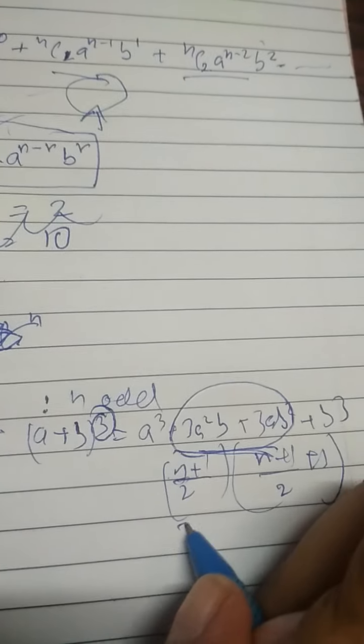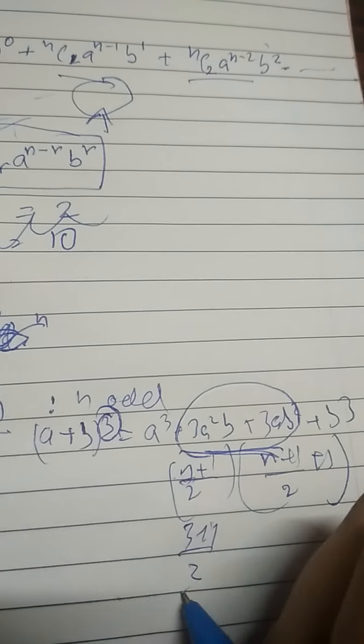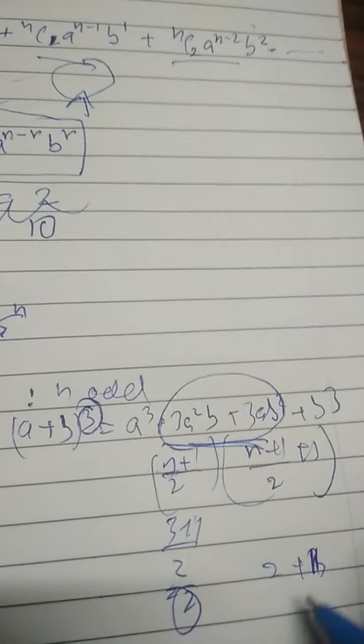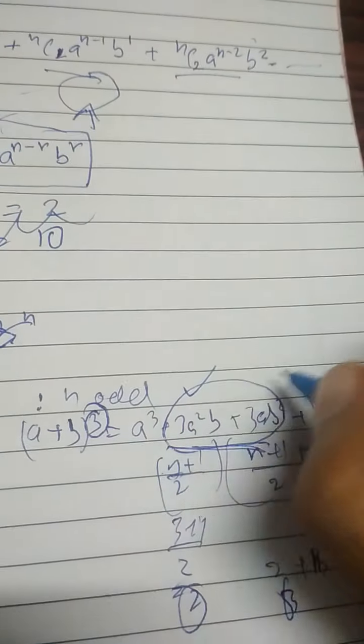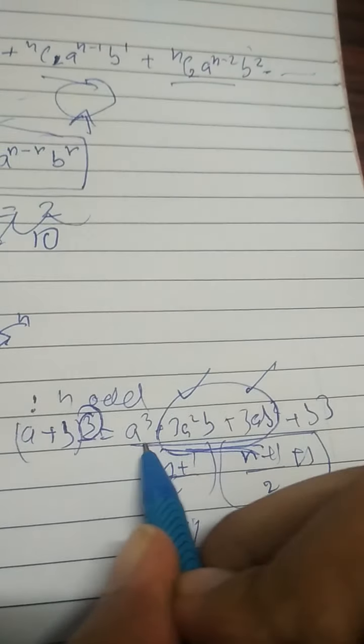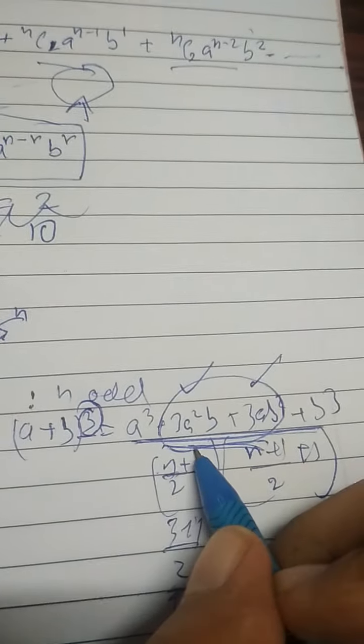So n is equal to 3. (3+1)/2 is equal to 2, the second term, and second plus 1 is 3, the third term. The second and third terms will be the middle terms. So if n is odd, the number of terms will be even, so we will have 2 middle terms.